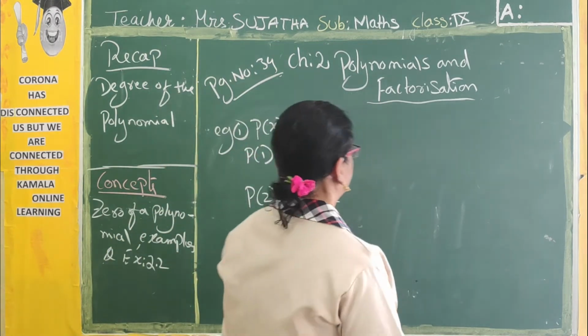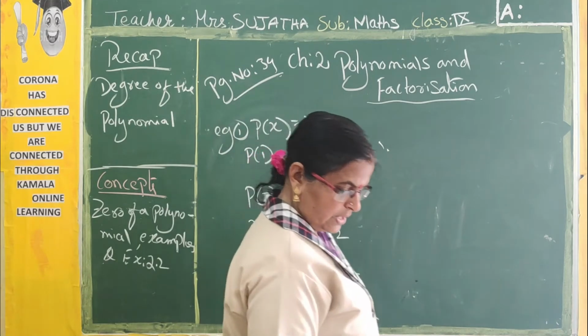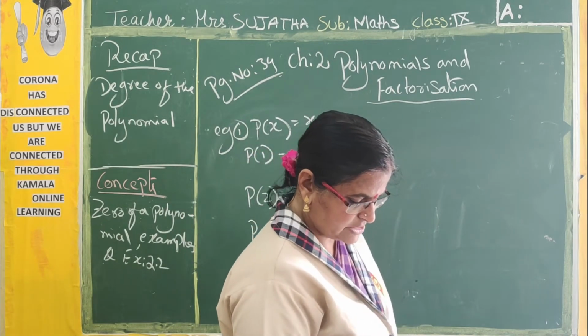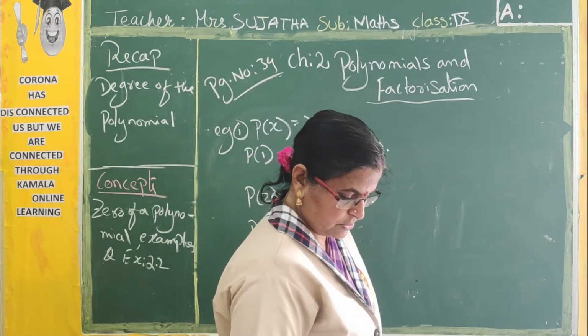So therefore what will you write? 1, 2, minus 1 are not the zeros of the polynomial. So what is the zero of the polynomial? Minus 2. When you take minus 2, you get 0.